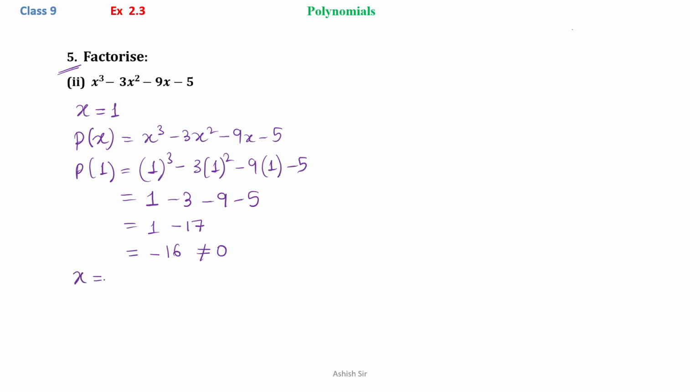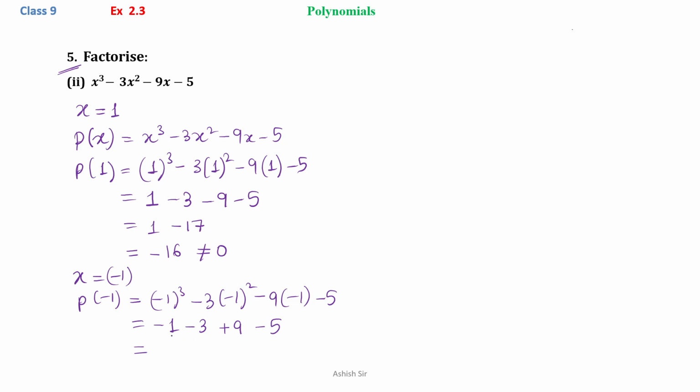Now we will try with x equal to minus 1. So we will find p of minus 1, that will be minus 1 cube minus 3 into minus 1 square minus 9 into minus 1 minus 5. Minus 1's cube is minus 1, minus 1 square is 1, 3 ones are 3. Next, minus minus plus, 9 ones are 9, then minus 5.